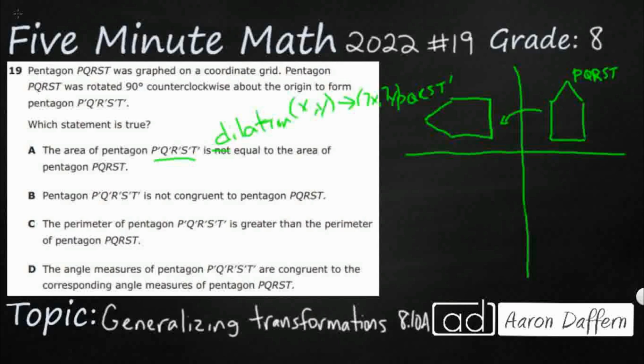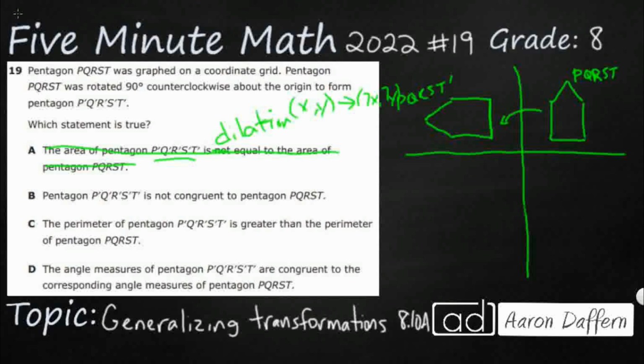Something like that. You make it 7 times bigger or 7 times smaller if you want to divide by 7. That would change the area. But we didn't do anything like that. We literally just tipped it over on its side, and it's just rotated counterclockwise. So this not makes this false. The areas are equal because I didn't dilate it.